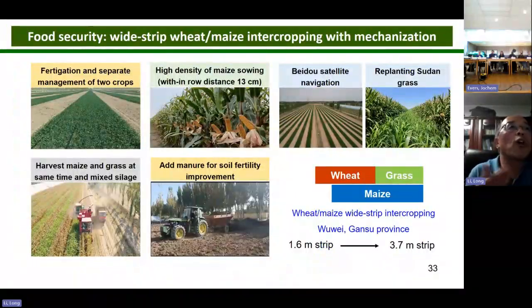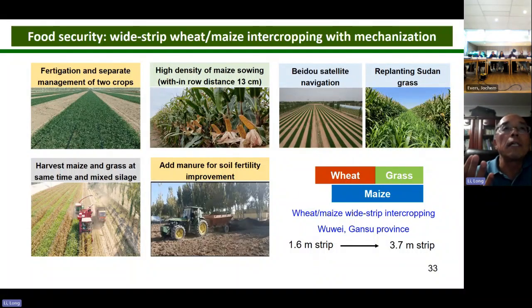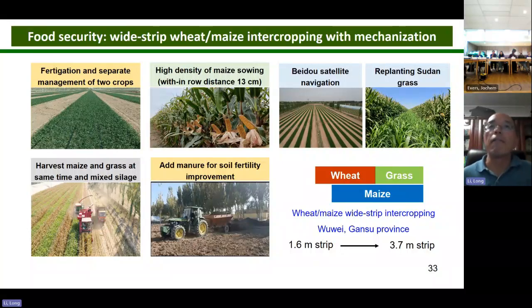We also use fertigation and separate management of the two crops, with high density of maize and soybean, with a within-row distance of 30 centimeters. We also use some satellite navigation to keep the strips very straight.